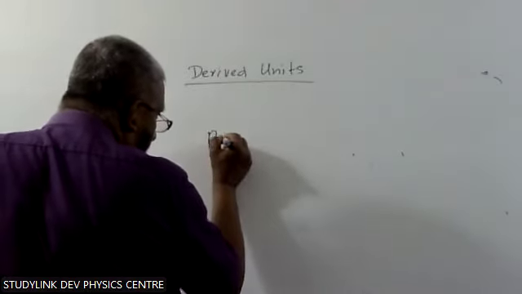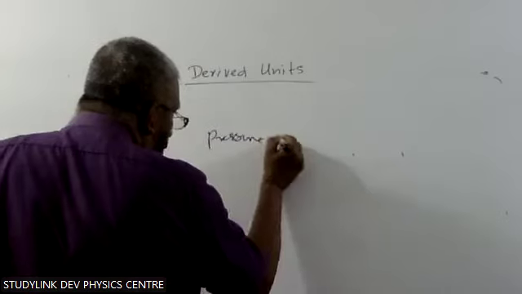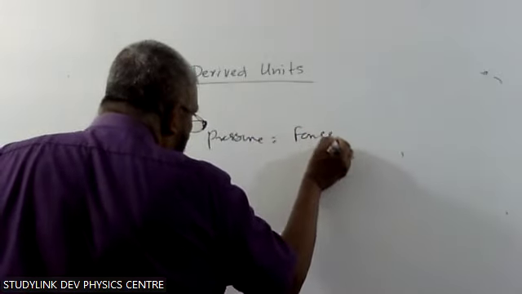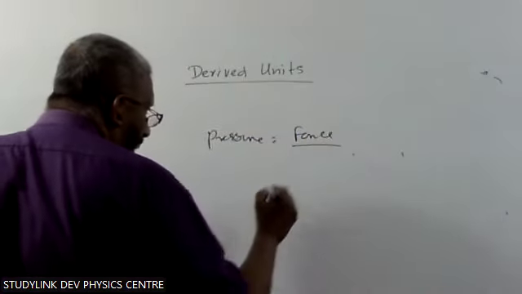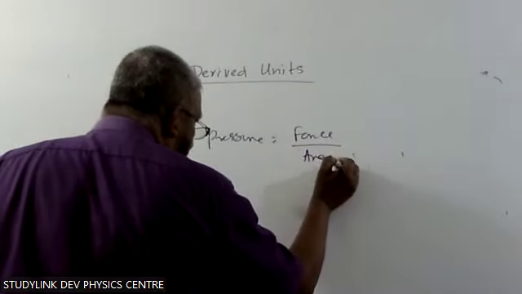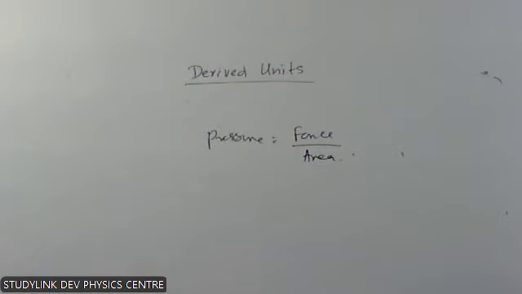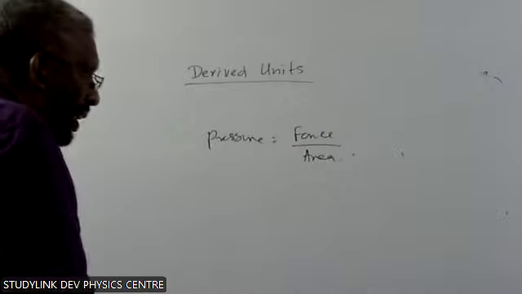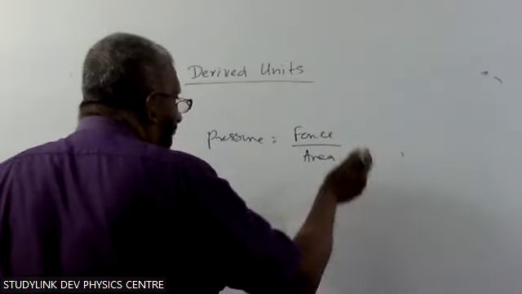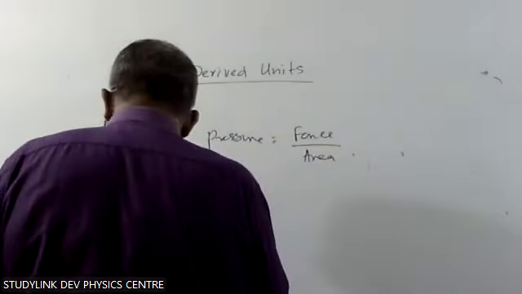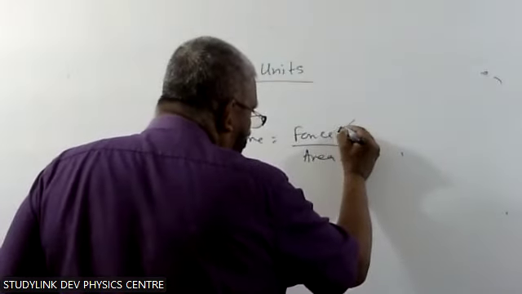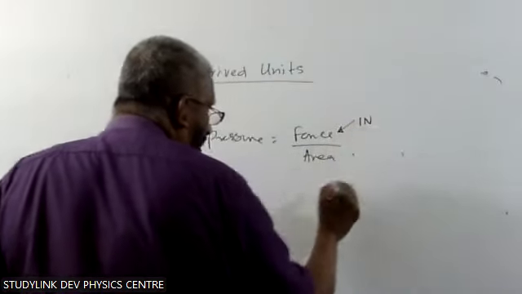Pressure is force divided by area. In the normal way, it is very simple. We consider this as force. Now 1 Newton. All 1.